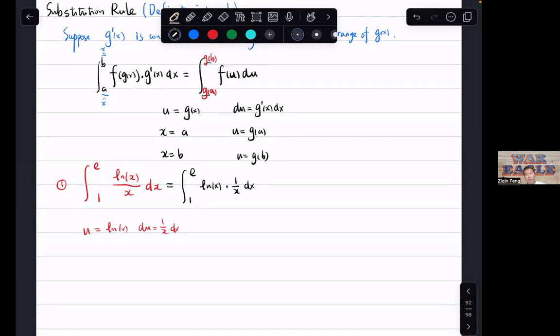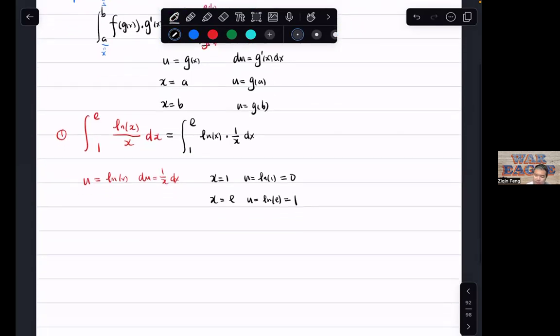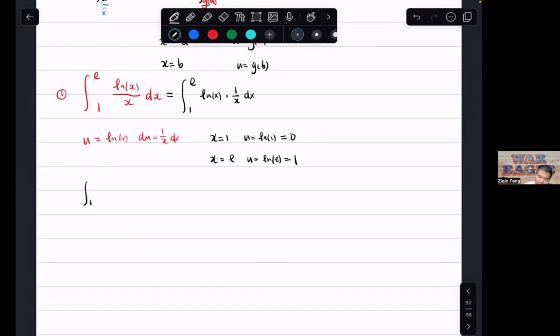For this new variable u, we also want to figure out the lower bound and upper bound. When x is 1, u is natural log of 1, which is 0. When x is e, u is natural log of e, which is 1. So let's do the substitution now. The integral from 1 to e of natural log of x times 1 over x dx equals the integral from 0 to 1 of u du.